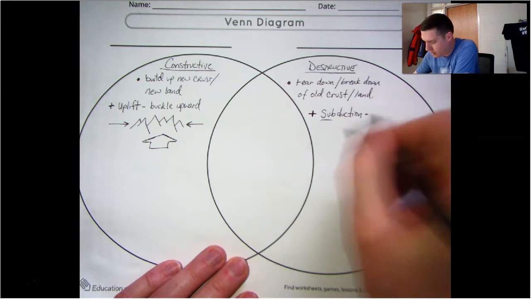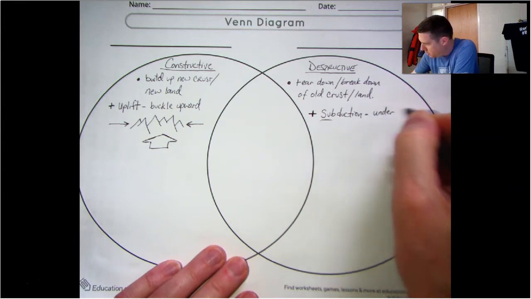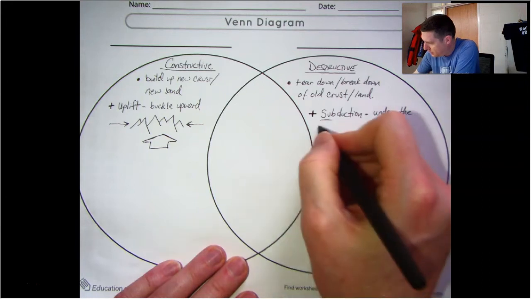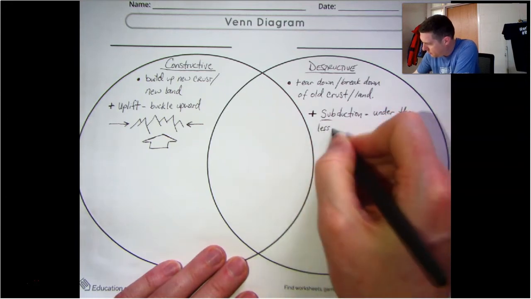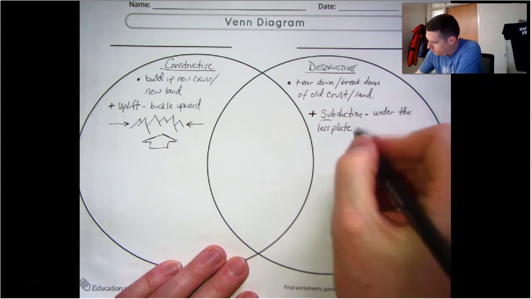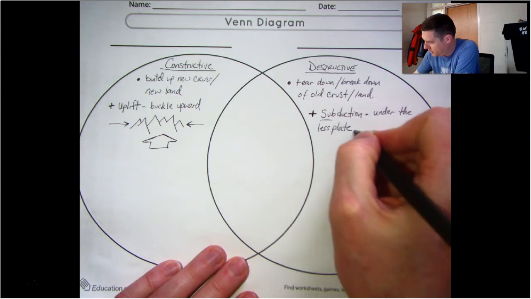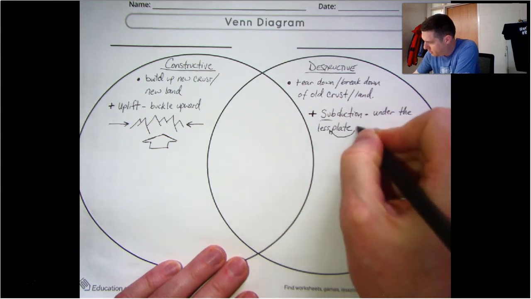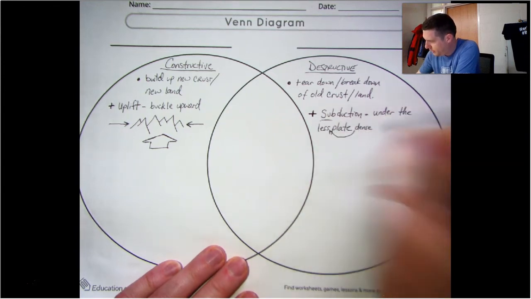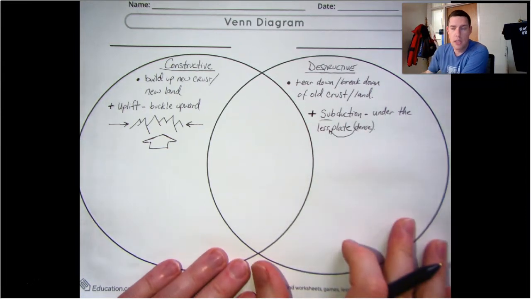So when subduction occurs, the more dense plate is actually going to be driven under the less dense plate. Sorry, that should say less dense plate. Make sure you put that over there.